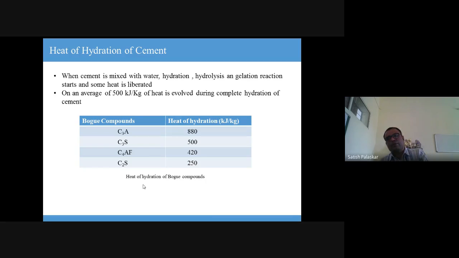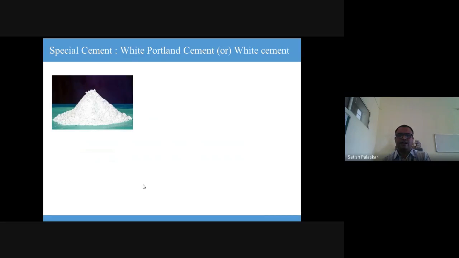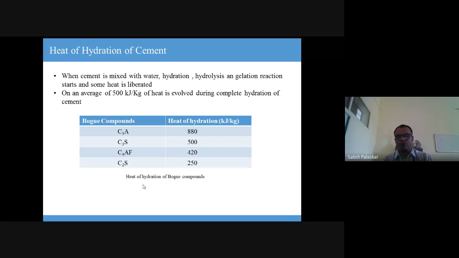C3A, tricalcium aluminate, 880 kilojoule per kg; tricalcium silicate, 500 kilojoule per kg; tetracalcium aluminoferrite, 420 kilojoule per kg; and dicalcium silicate, 250 kilojoule per kg. That much heat is released by the different compounds.